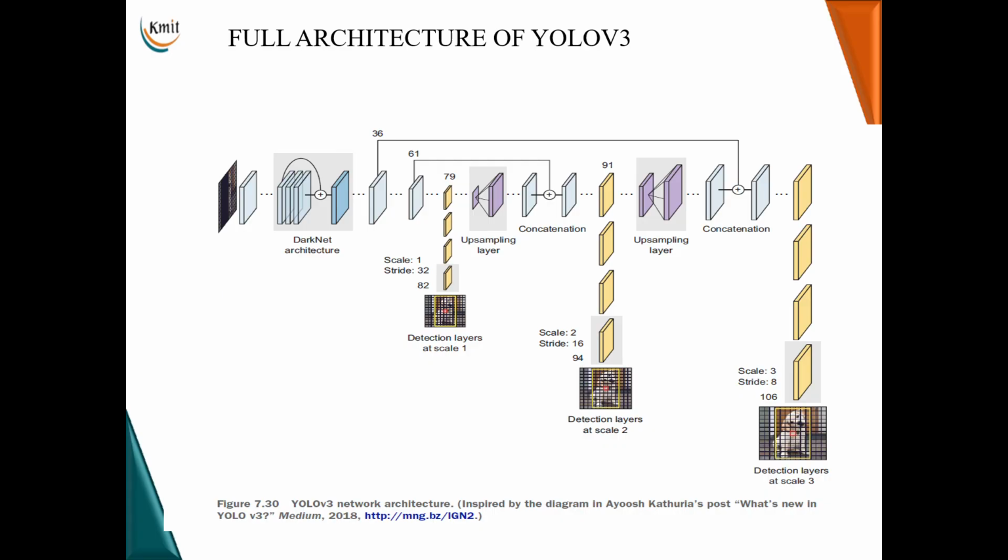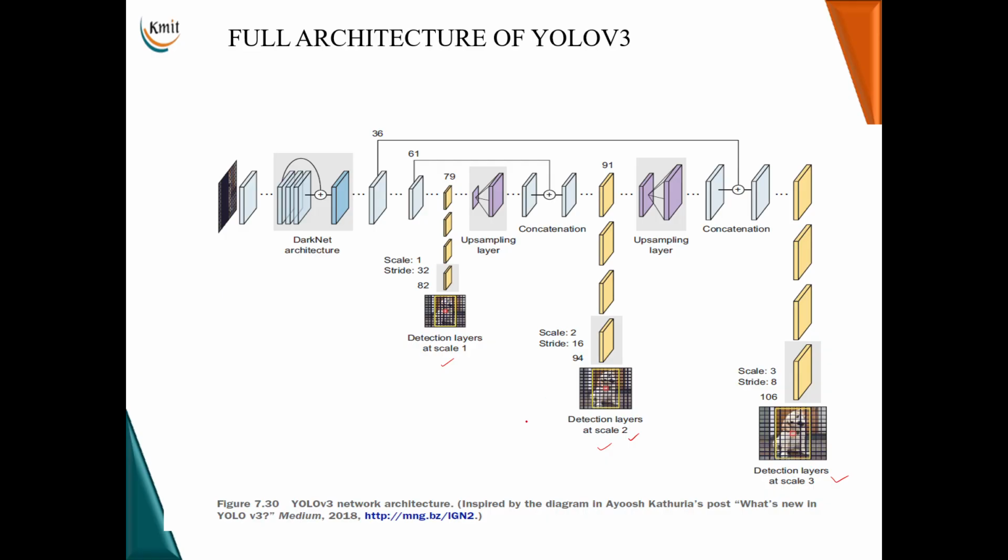Coming to the full architecture, you can see 3 different scales shown here: small objects for scale 1, medium objects for scale 2, and large objects for scale 3. So large objects are detected here, medium objects will be detected here, and small objects will be detected here.